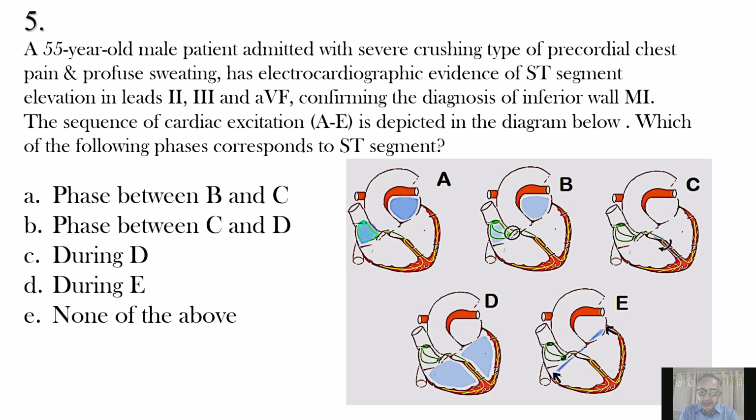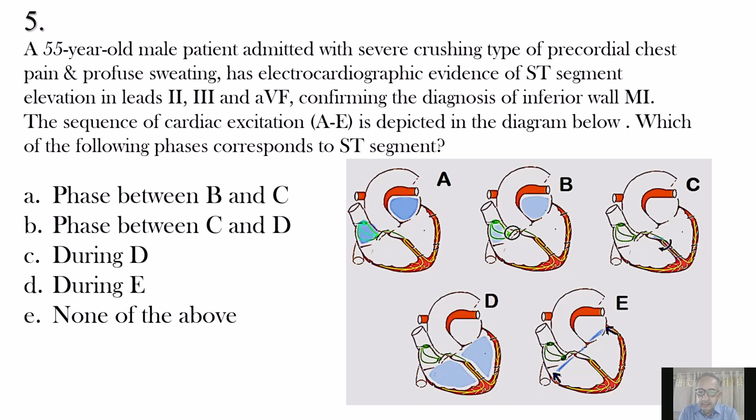Interventricular depolarization from left to right, as shown, produces a small inverted Q in some leads. D is the ventricular depolarization. You can see the shaded area in both ventricles. Both ventricles are fully depolarized.